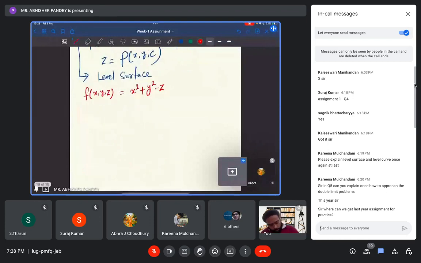If I collect S equal to the set of (x, y, z) belonging to R3 such that f(x, y, z) is equal to, say, 0, this becomes x square plus y square minus z equal to 0.